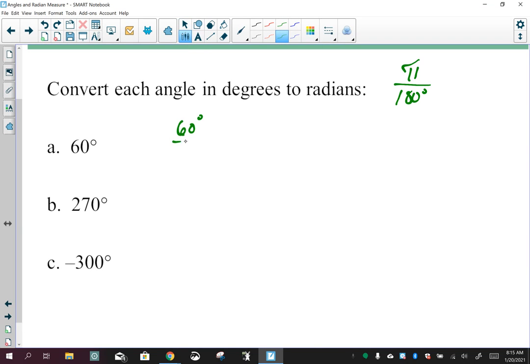So I'm going to put that over 1 times pi over 180 degrees. What that does is force my degree symbols to go away. So now I have no more degree symbols, which is fine. And then I'm just going to multiply straight across. I've got 60 pi over 180. And then I'm going to reduce that, and I get pi over 3.